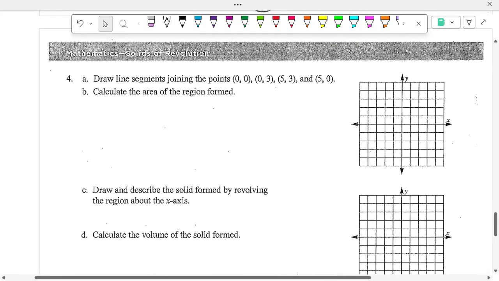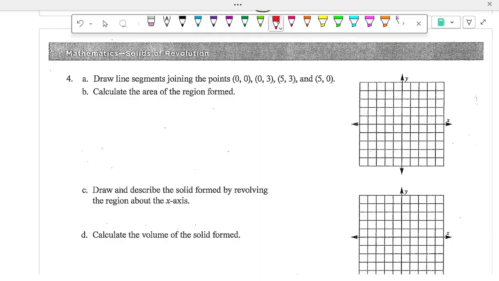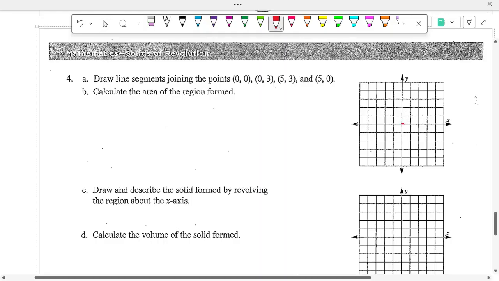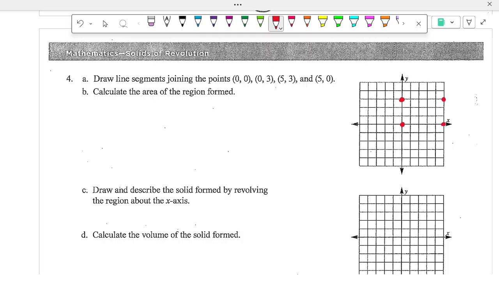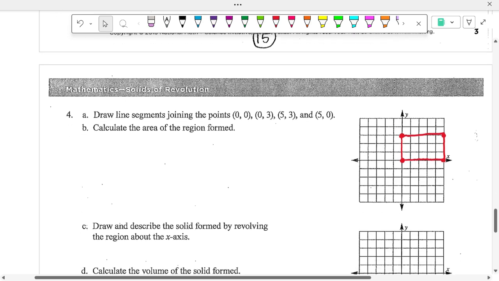First off, take a minute, plot those 4 points. So it's 0, 0, 0, 3, 5, 0, and 5, 3. So we got ourselves a rectangle. So page 16, it should be problem number 4.